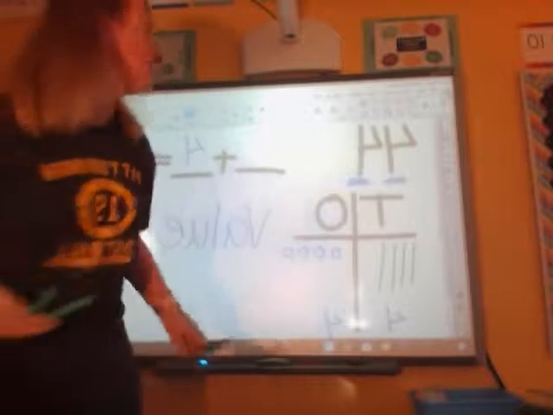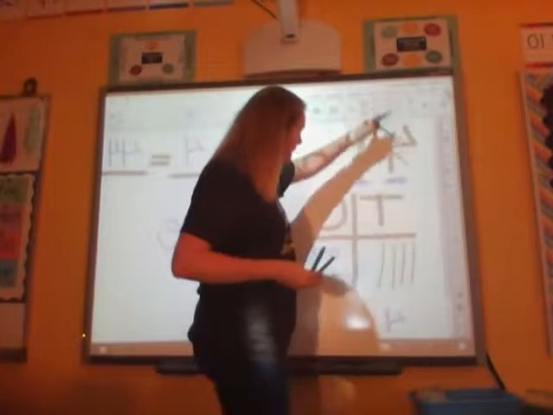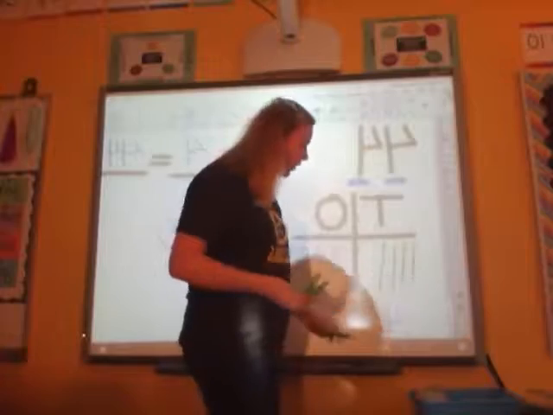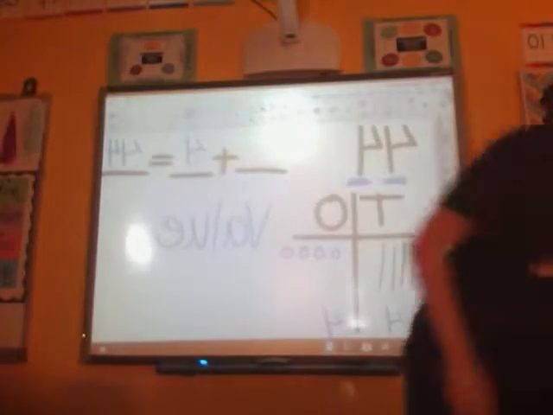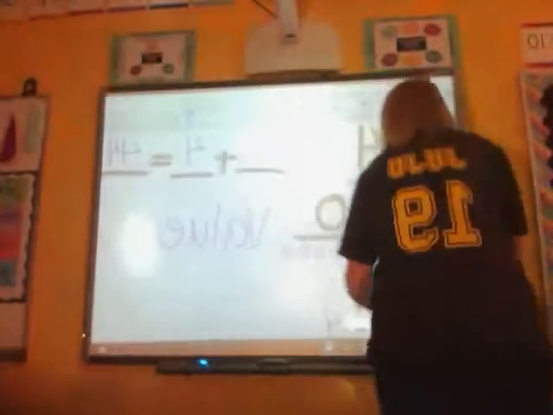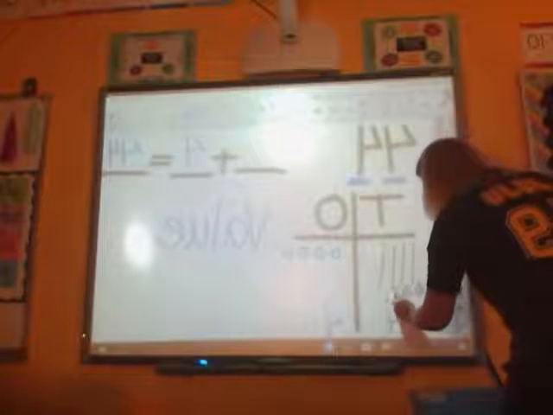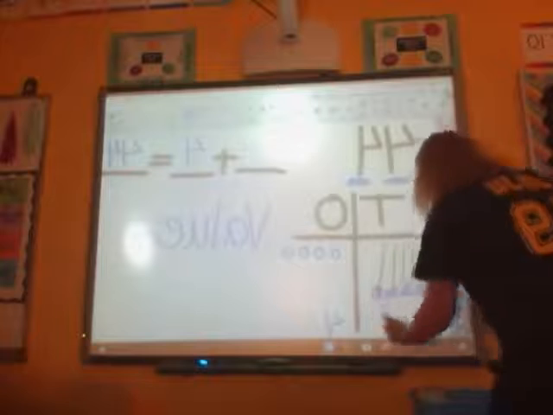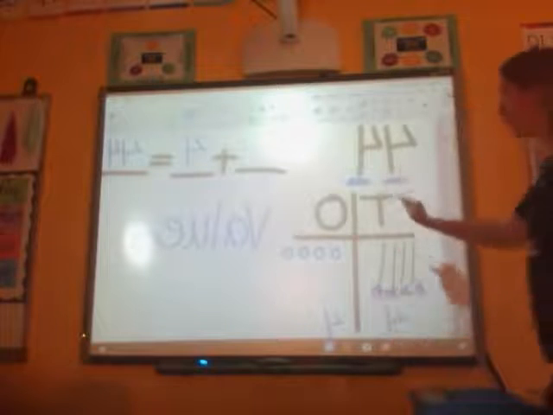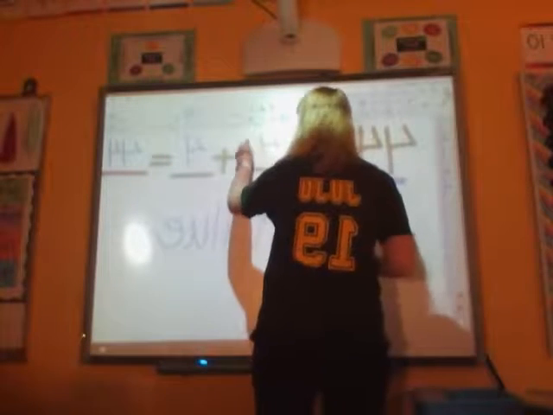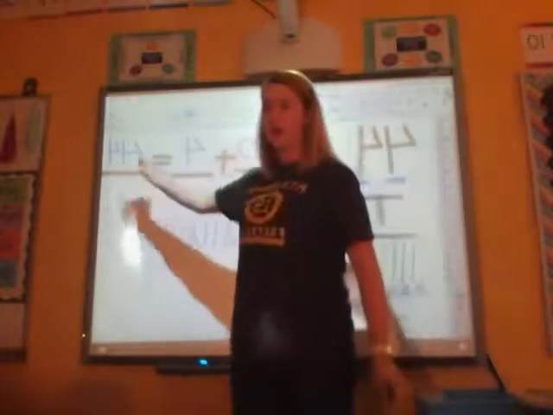These 4 tens, so this 4 in the 10 spot is worth 40, because if I counted this out, 10, 20, 30, 40, these tens are worth 40. So 40 plus 4 equals 44.